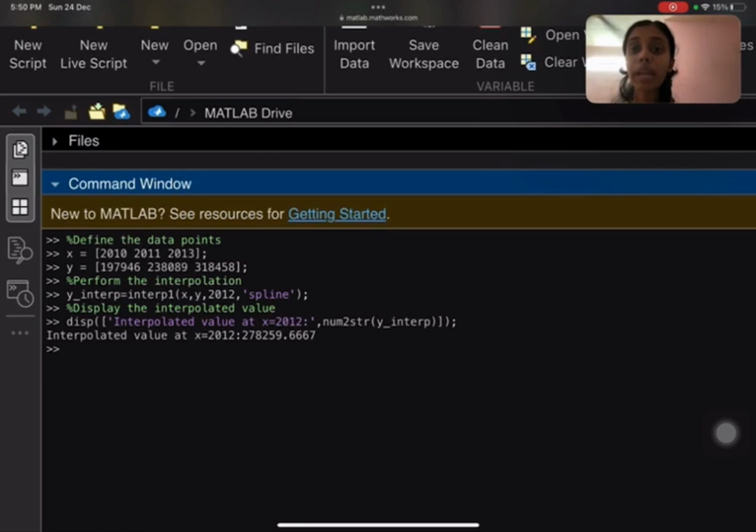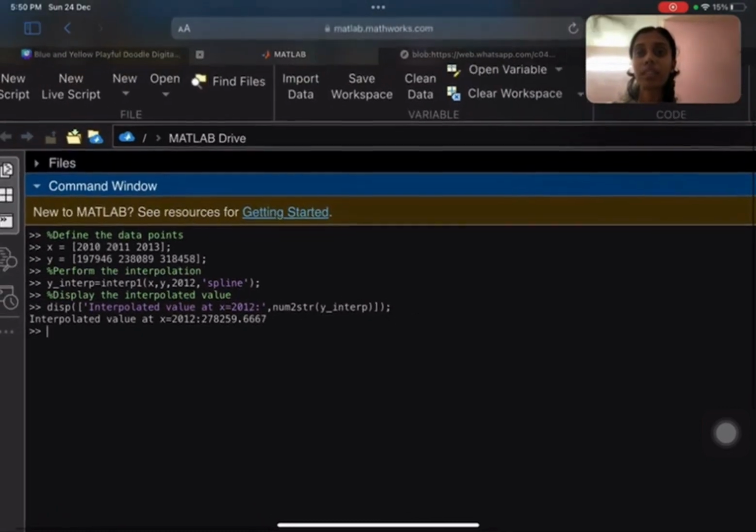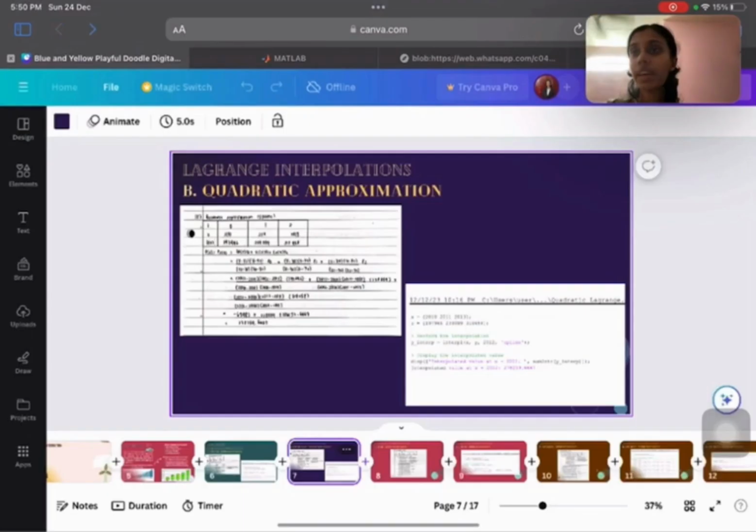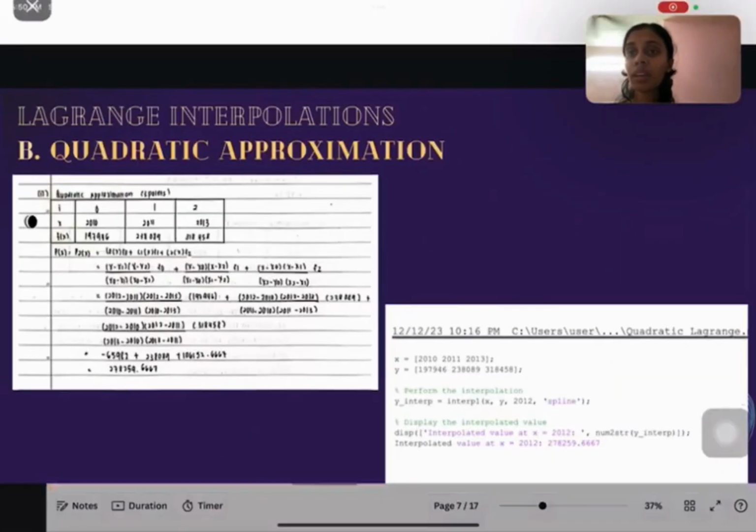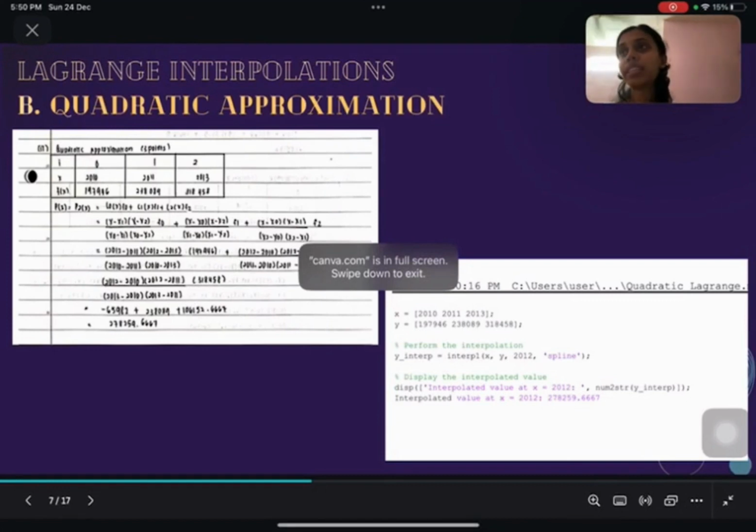We type disp, in brackets, 'interpolated value at x equals 2012', then num2str of y_interpolation, and finally it will display the interpolated value, which is 278,259.6667. So this is the MATLAB coding, and it is also the same as the manual calculation.